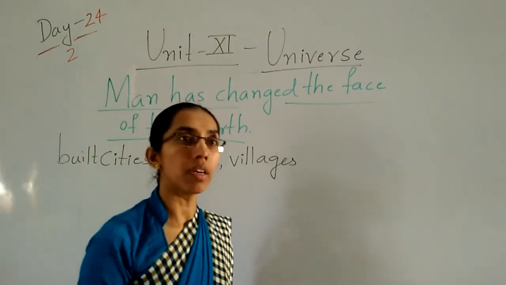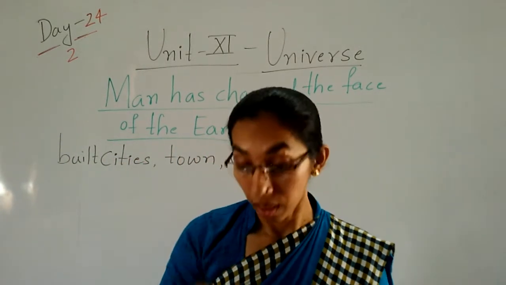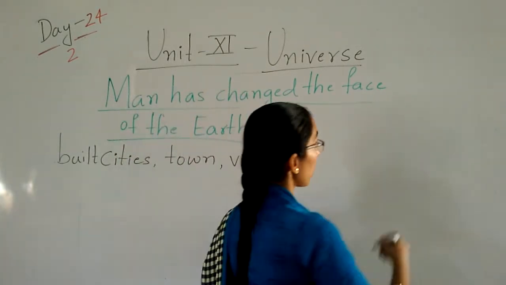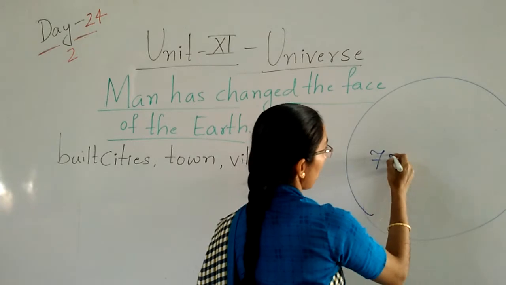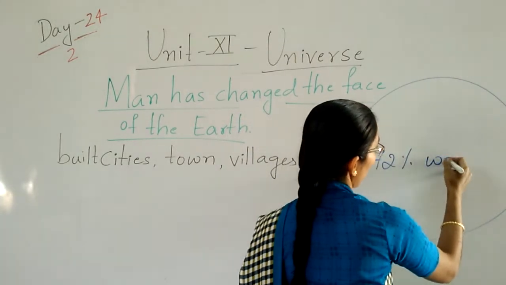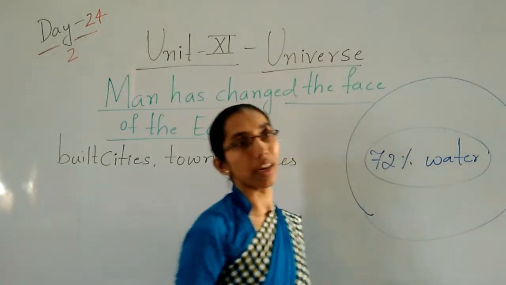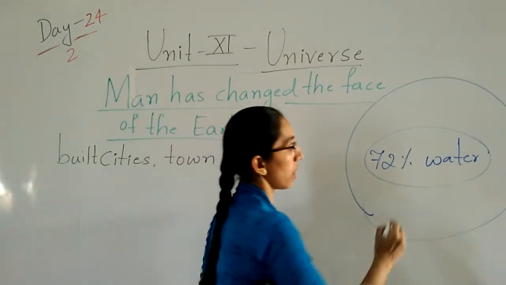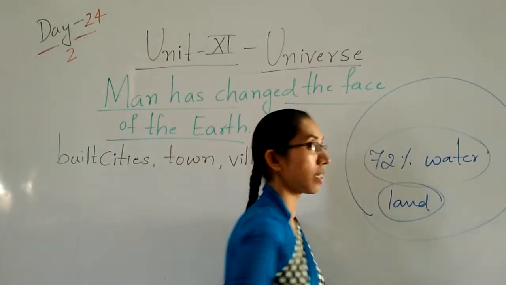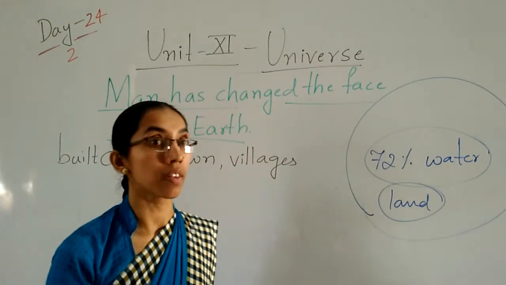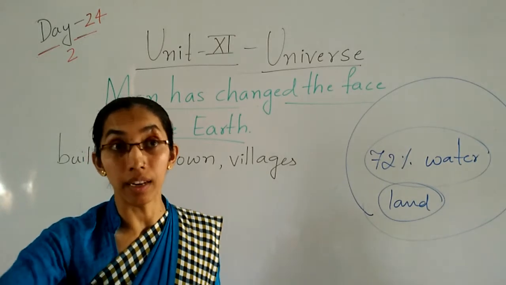How did they build? At the very start I spoke about the earth. What did I say at the start? Earth. That is 72% water only. The large portion is covered with water and the remaining we can see is land. In that land we can see the hills, mountains, plains, forest and desert.